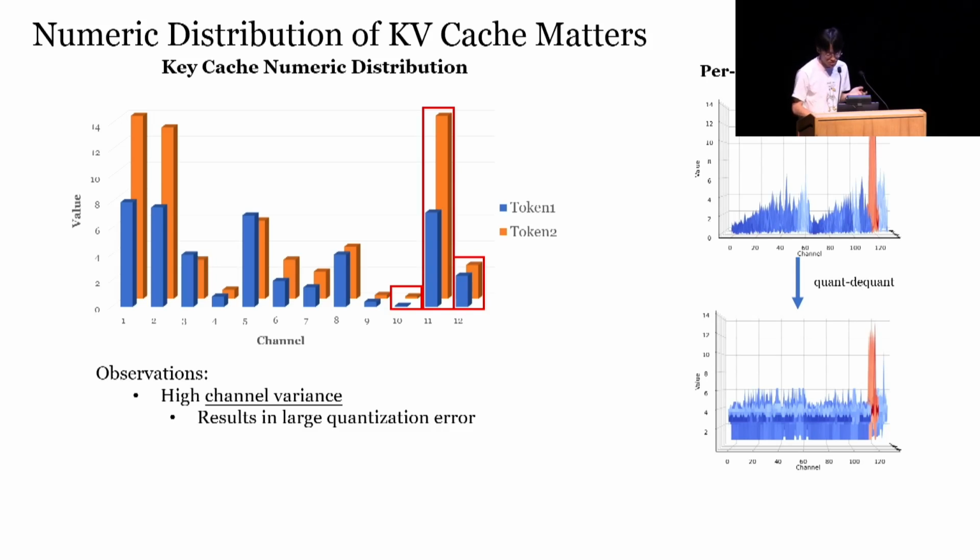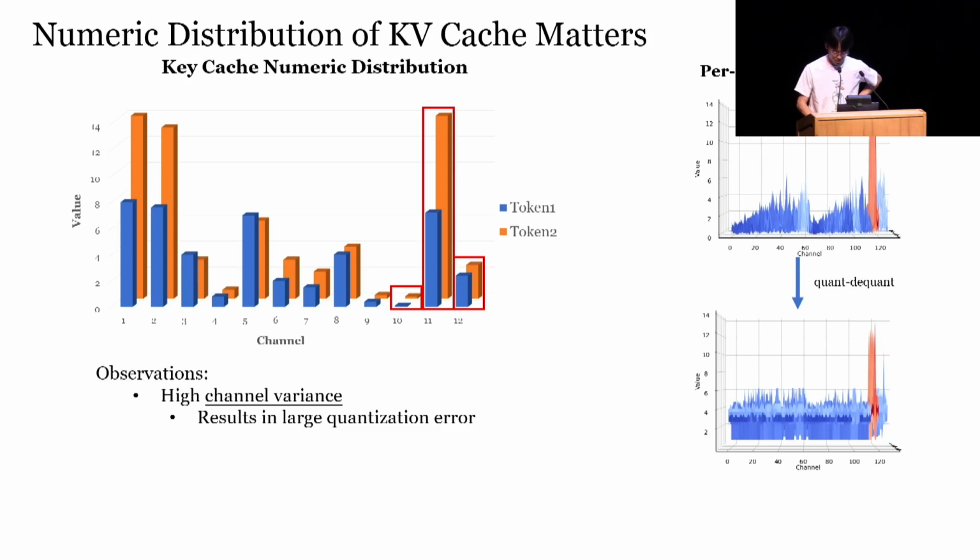And these huge magnitudes will occupy almost all the range of the quantized numeric representation. As shown in the figure, almost all other values except the outliers are compressed into the same representation.